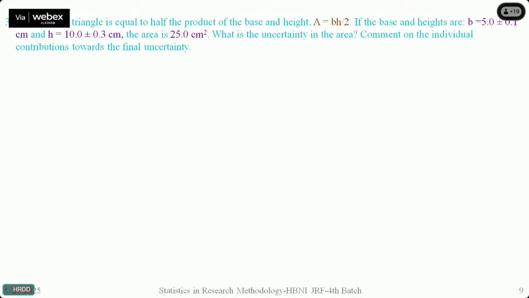Here you have to comment based on the relative uncertainty. Relative uncertainty will be the square root of that. Height and base. Height is how much? 10. 10 plus or minus 0.3. You can see that the absolute uncertainties are 0.1 and 0.3. But the relative uncertainty will be 0.1 by 5 and 0.3 by 10.